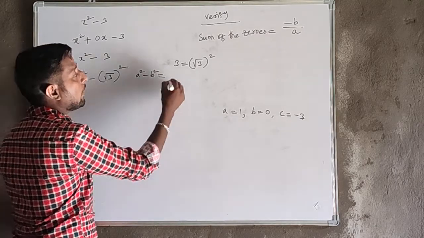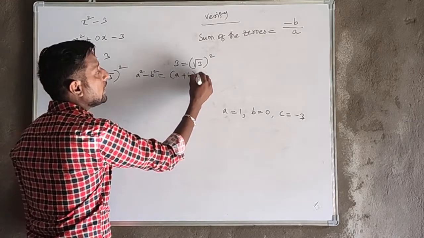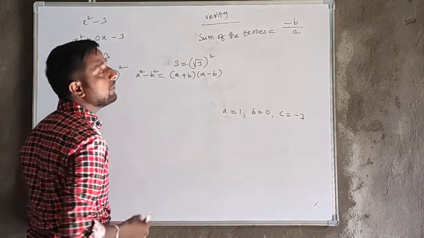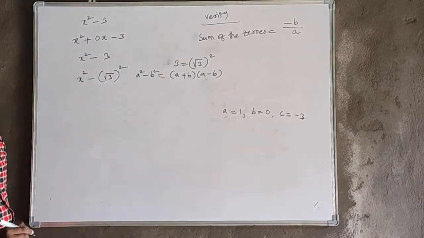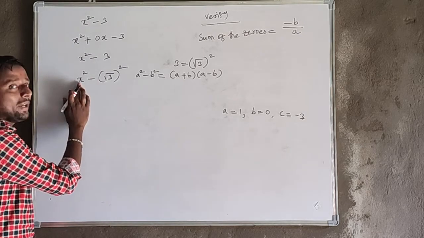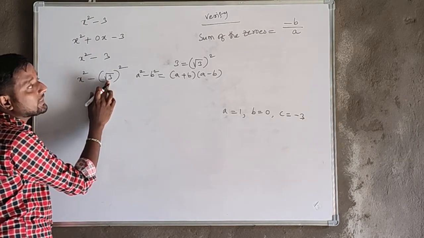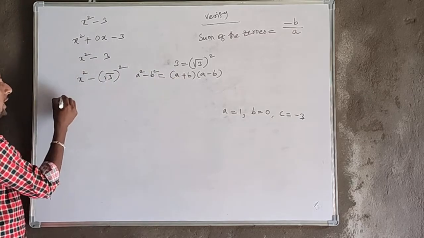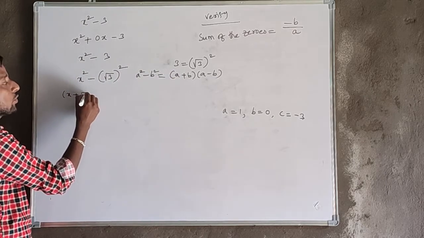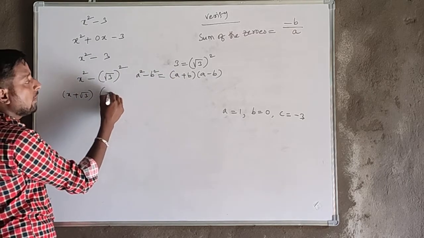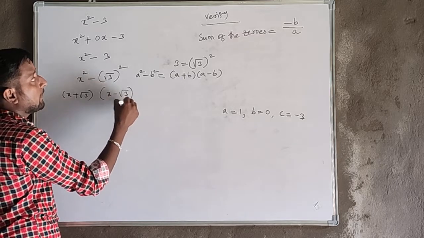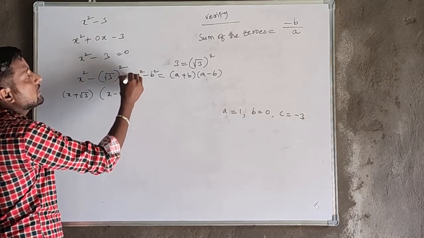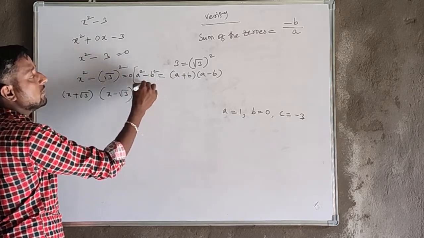Then the formula is a plus b into a minus b. So here a value is x, b value is root 3. Then I'll write x plus root 3 into x minus root 3 is equal to 0.